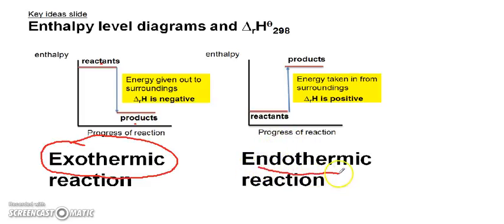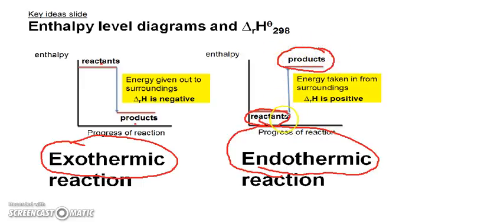On the right we've got an endothermic reaction, and in an endothermic reaction heat energy is taken in from the surroundings. So the reactants start with less energy than the products, and during the reaction heat energy is taken in from the surroundings.